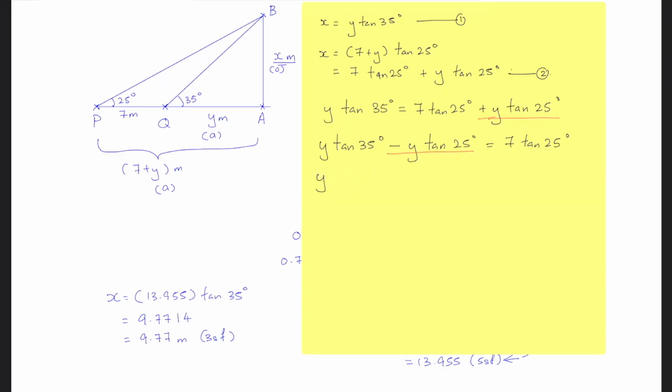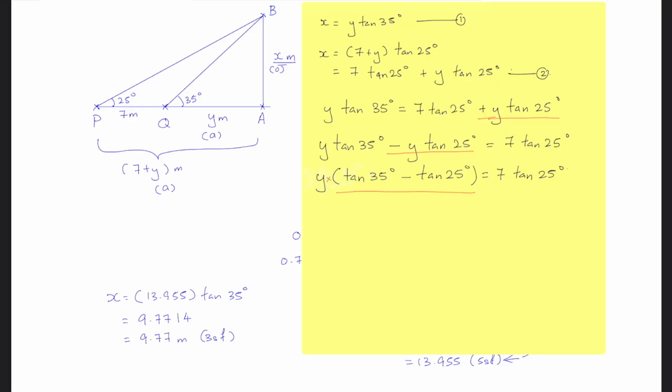So y bracket tangent 35 degrees minus tangent 25 degrees close bracket equals to 7 tangent 25 degrees. Then we want to move this over to the other side. Remember, this is a multiplication over here.